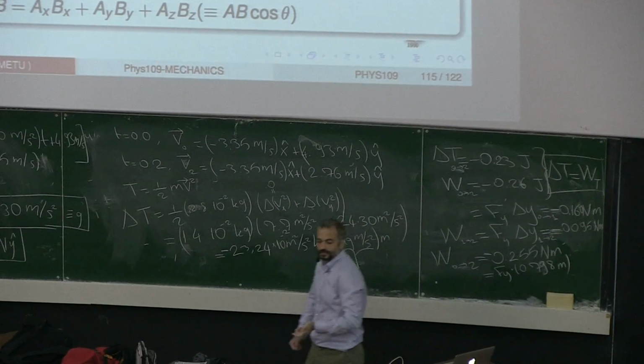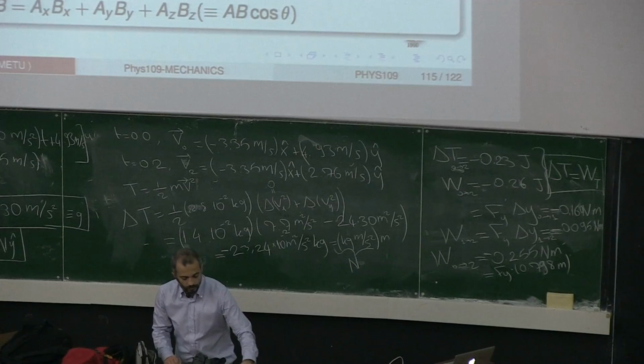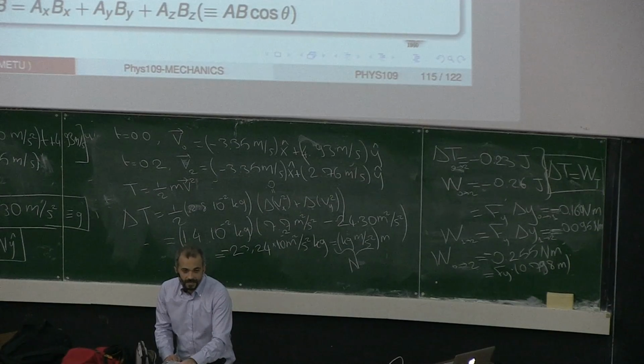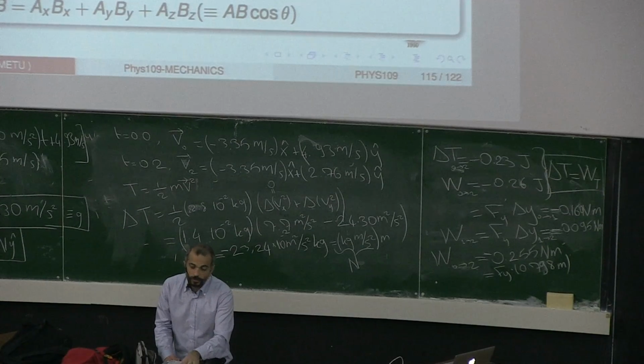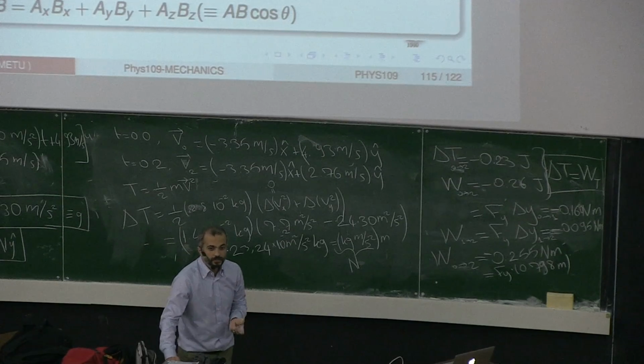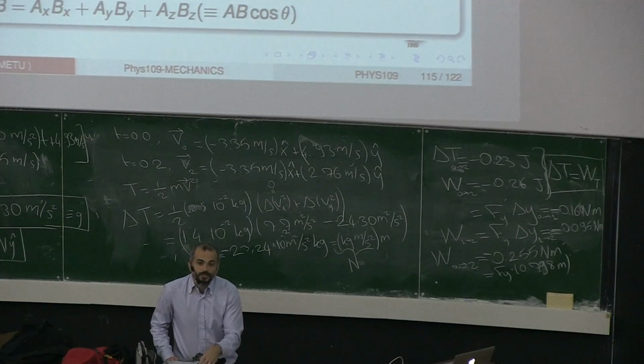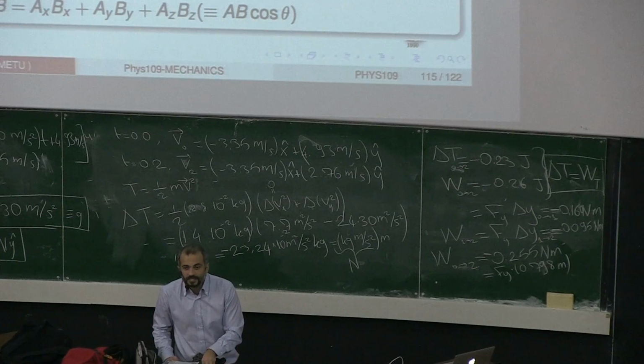Well, the kinetic energy does not change because the work done by my hand, as I take this book from there to here, is exactly equal in magnitude to the work done by the friction. So those are the only two forces that are doing some work. Those two works are exactly equal to each other, but since one is positive and one is negative, they just cancel each other.